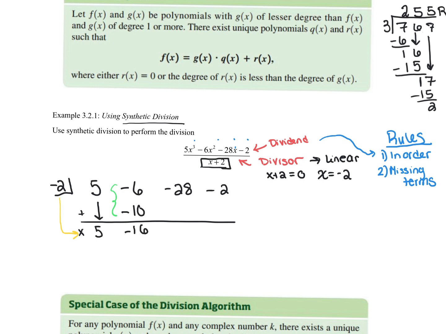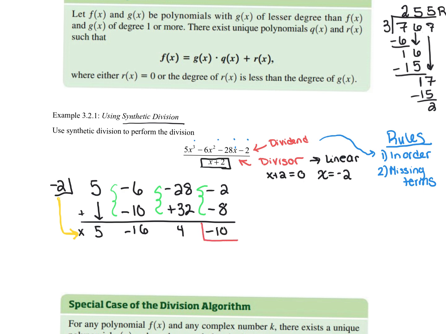Then I multiply again: -2 times -16 is a positive 32. Then I add above the line: -28 plus 32 is 4. I multiply -2 times 4 and get -8. Then -2 plus -8 makes -10.